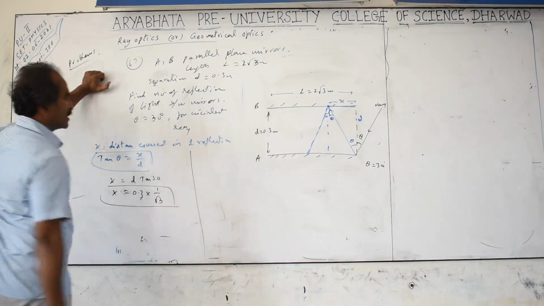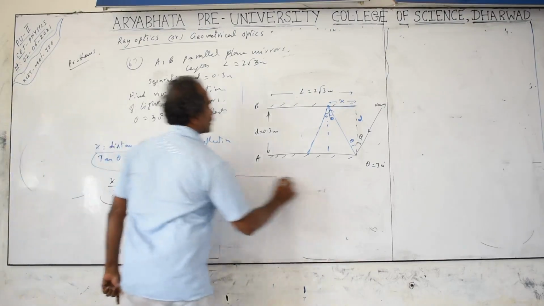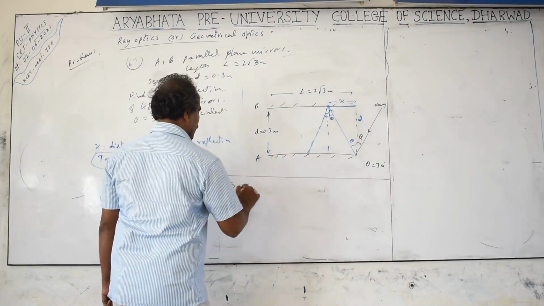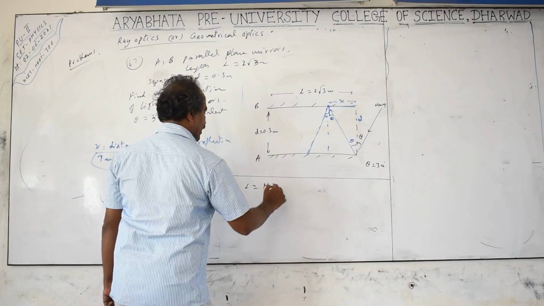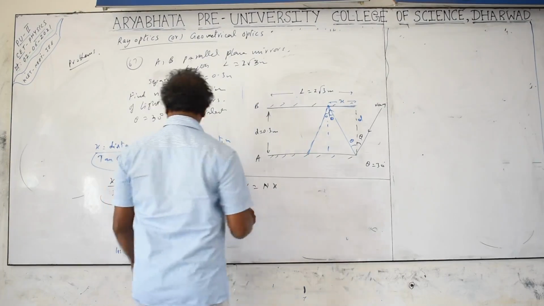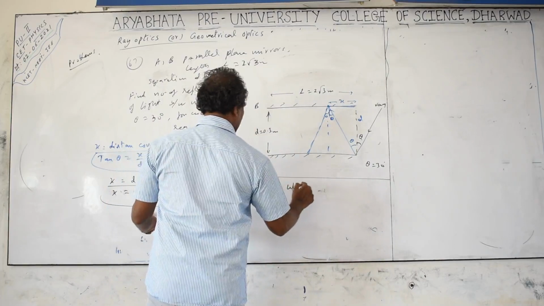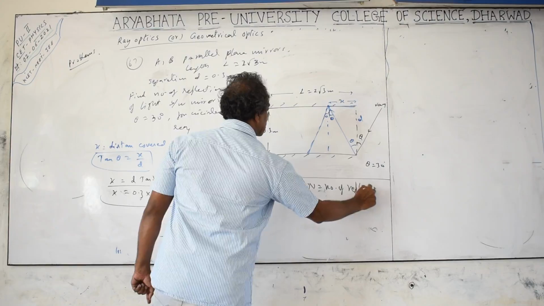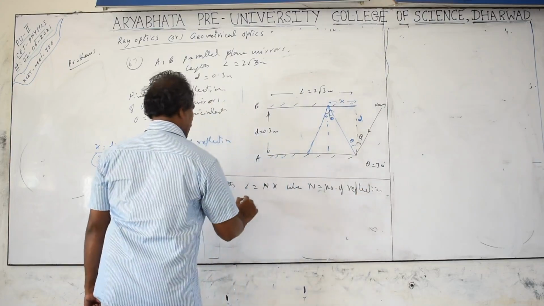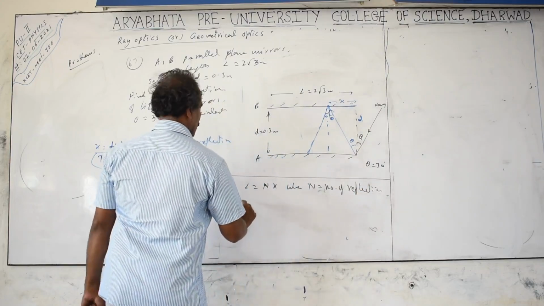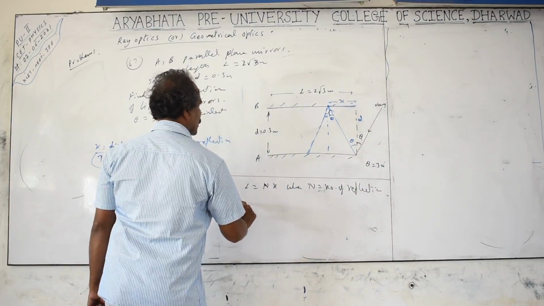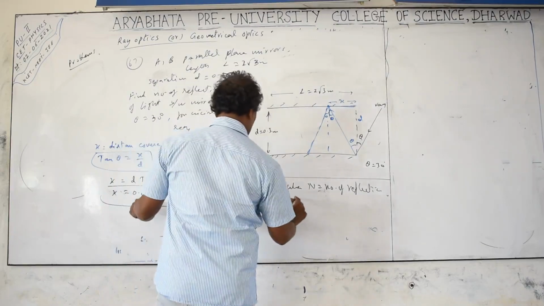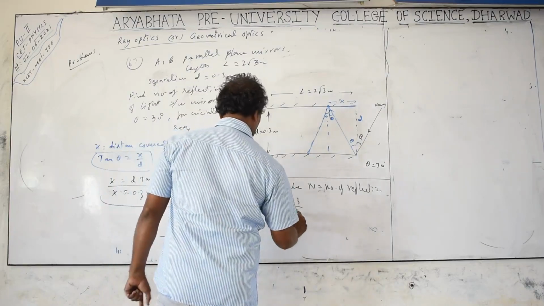Next we want to find the number of reflections. So length L is equal to n into x. This is the total length. L equals number of reflections into x, where n is the number of reflections between the mirrors. So L is nothing but 2 root 3 equal to n into x, which is 0.3 by root 3.